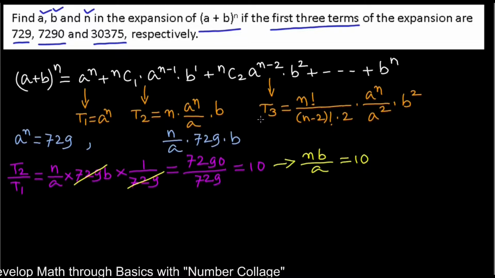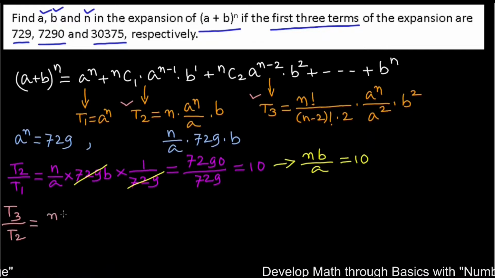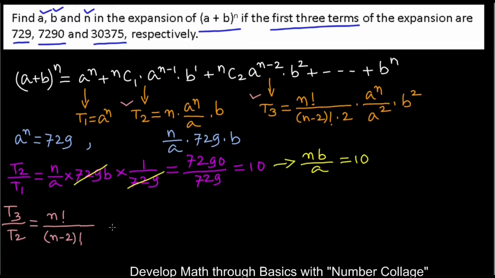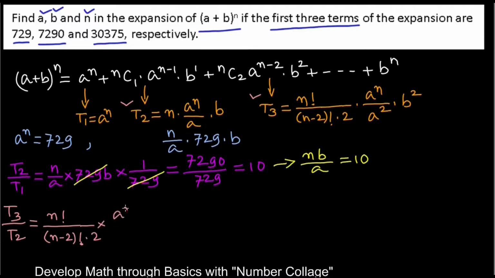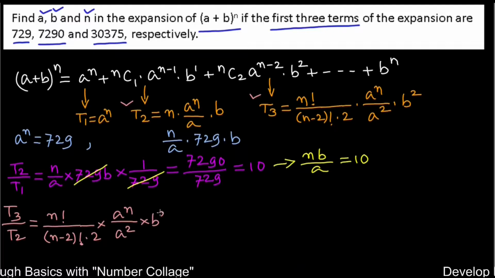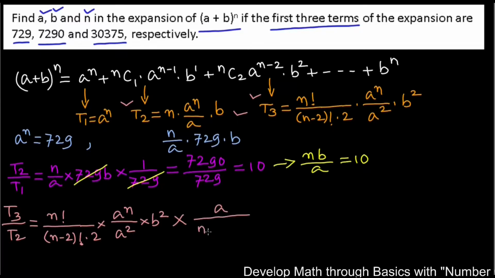Here this 729 cancels with 729, so what we get is nb upon a equals 10. Now we will divide t3 by t2, so we write t3 by t2 as n factorial upon (n-2) factorial into 2, multiplied by a^n upon a squared into b squared. Now this is multiplied by the reciprocal of t2, which will be a upon n into a^n into b.